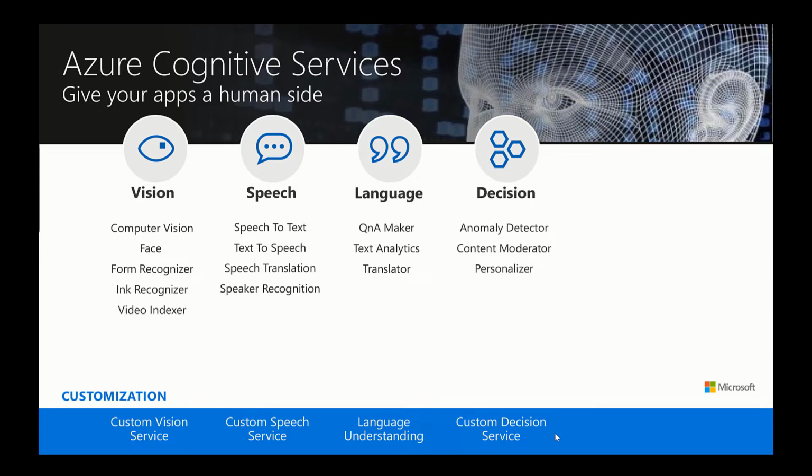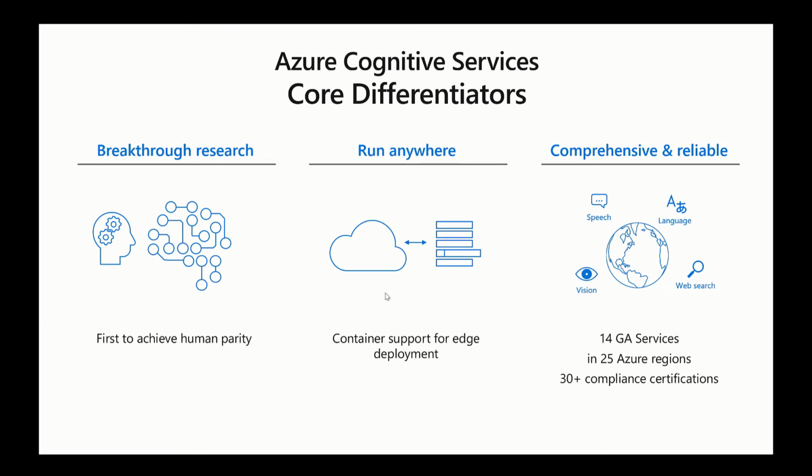Now, I belong to the language services, which, as you can see here, include Q&A Maker, text analytics, translator, and language understanding. Today we'll be talking about text analytics, which is using pre-trained AI models to analyze text and derive insights.